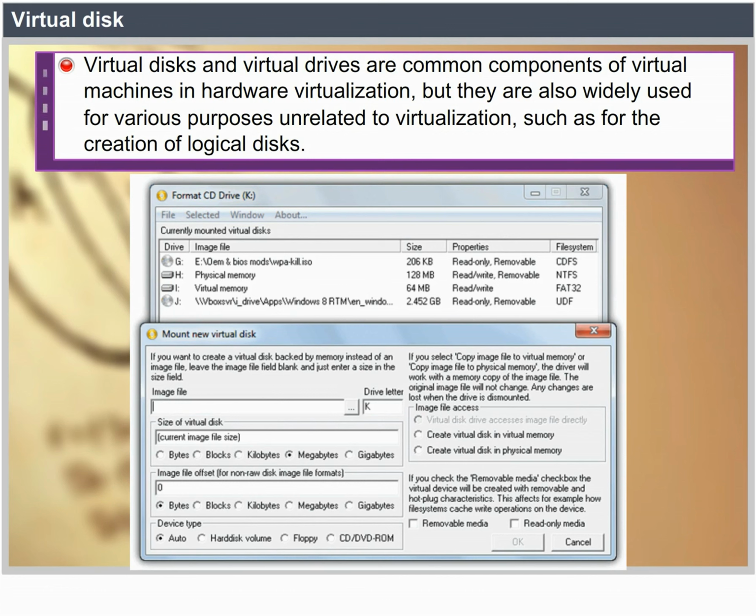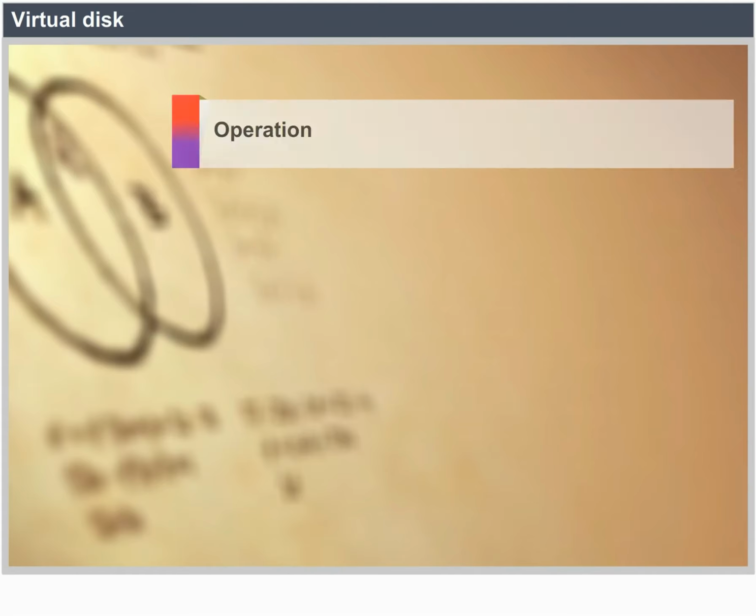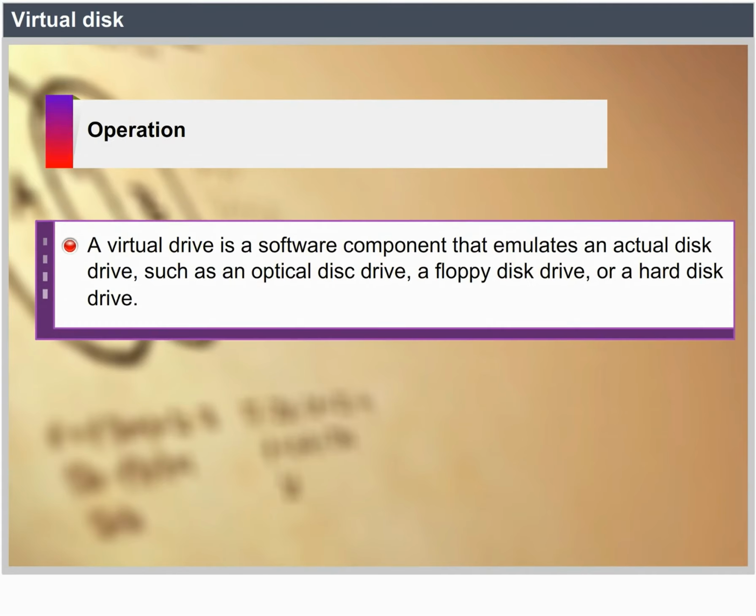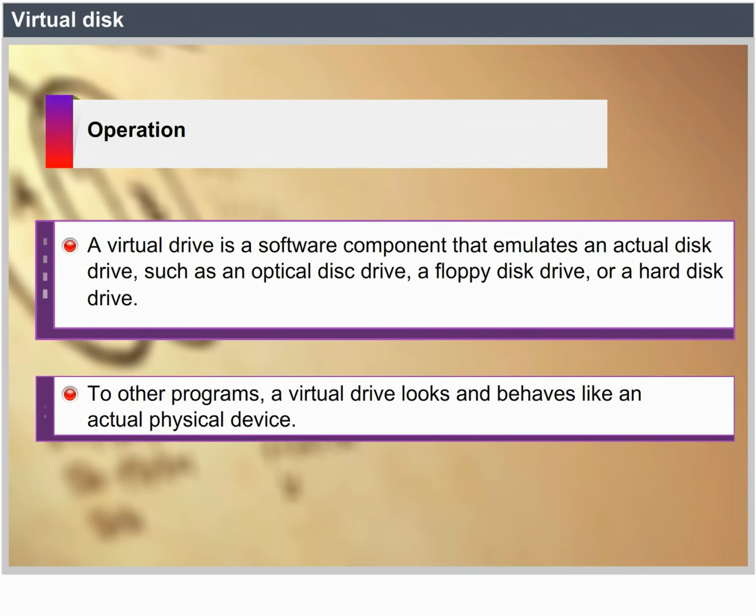Operation. A virtual drive is a software component that emulates an actual disk drive, such as an optical disk drive, a floppy disk drive, or a hard disk drive. To other programs, a virtual drive looks and behaves like an actual physical device. A virtual disk may be in any of the following forms.